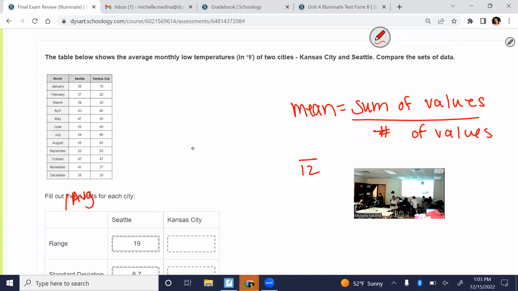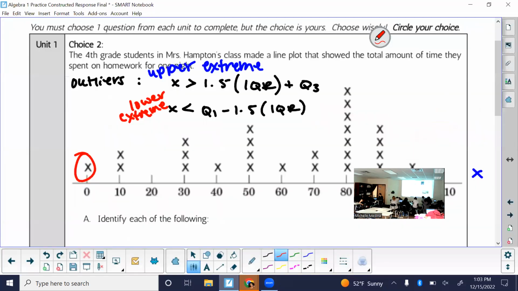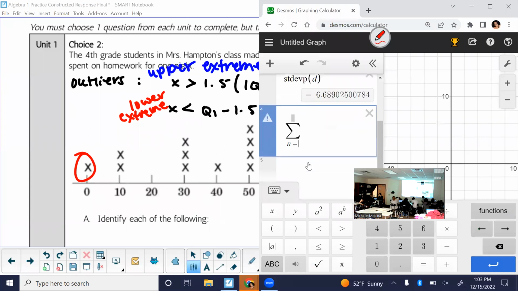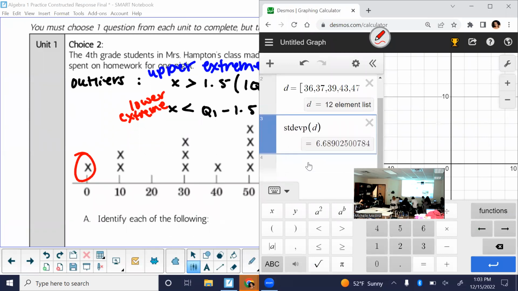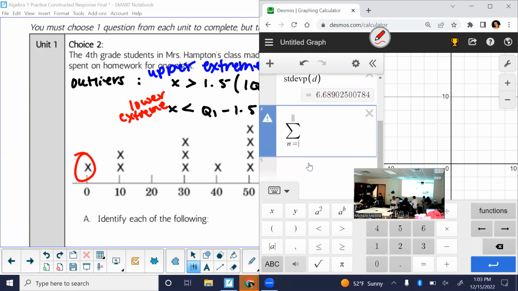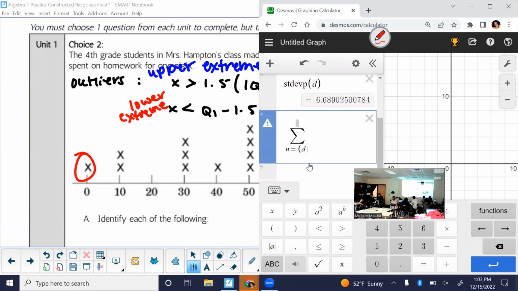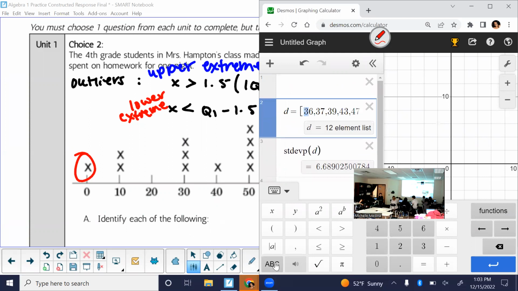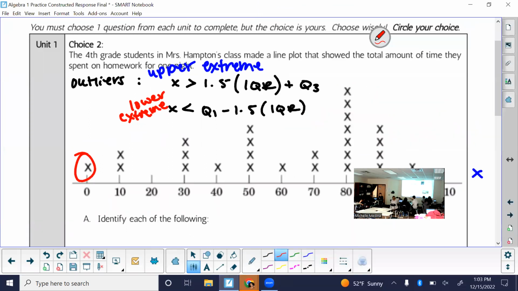So real quick, I'm just going to add it. Although I do have it in Desmos. Maybe, I don't know if it'll give me the sum. Whoa. No, it doesn't. Okay. Thought it was worth a try. Did anyone add them all together?